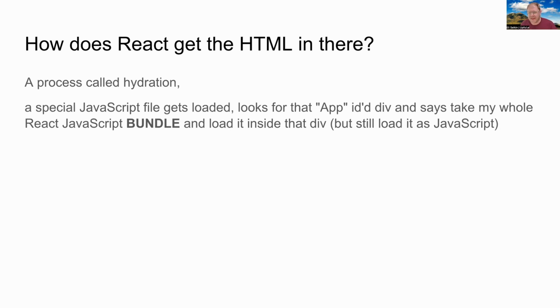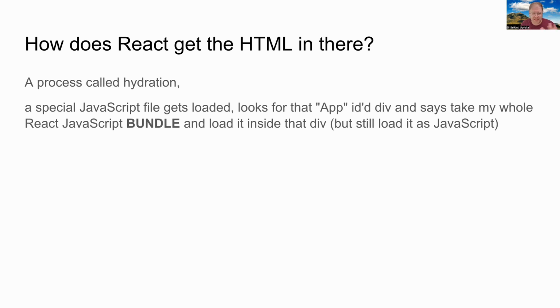And the way that gets in there from React is through something called the React bundle. And a bundle is usually bundled by some other piece of software. You'll get to learn about that later. We use Webpack sometimes. We use Vite sometimes. There's Gulp.